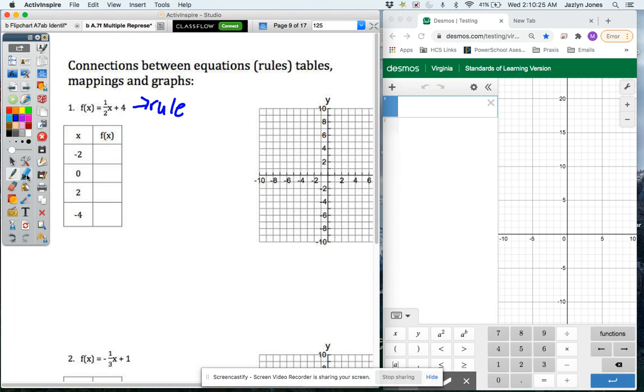We know that anytime we see that x, we're going to replace it with something that we know, right? So in this case, we're going to start off with the very first one. Well, we know we can rewrite this.